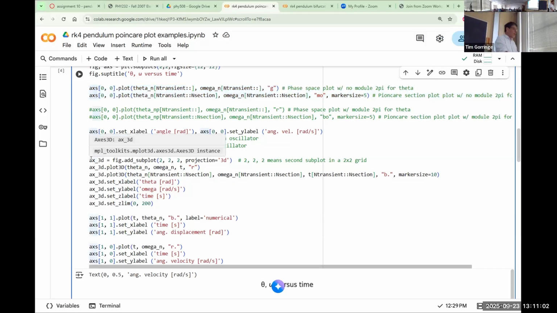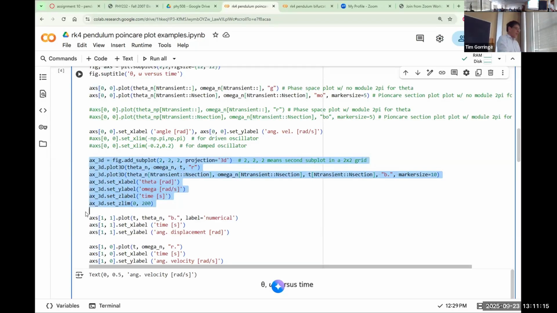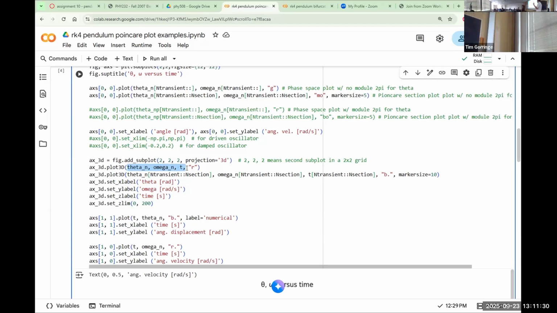I'm not going to worry about the details of the three-dimensional plotting. I just wanted to show you it in case it helps to picture what's going on. This little section here was to make the upper right-hand plot, the three-dimensional plot. The calls to the plotting have three arguments: theta and omega, like a traditional phase space plot, but also time, the dependent variable, which is the vertical axis on these plots.